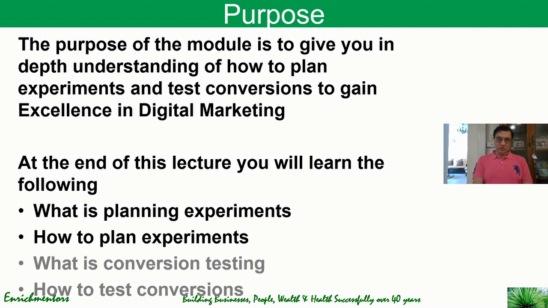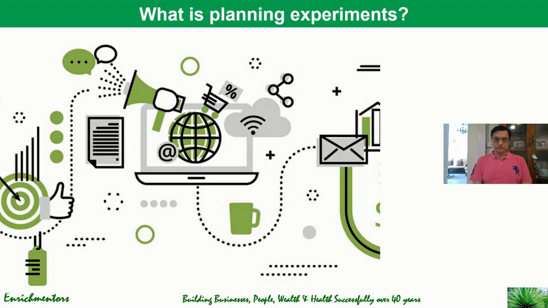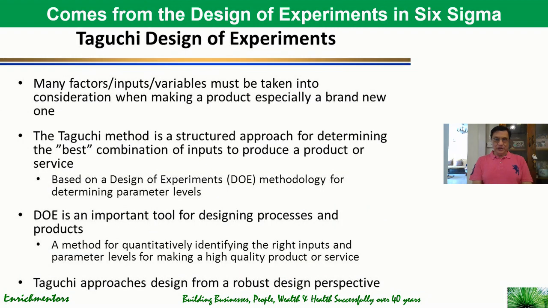So, any thoughts on what planning experiments is? You all must have done experimentation in your schools in a science lab. So, what is this planning of experimentation? It comes from the Taguchi design of experiments in Six Sigma processes and techniques.